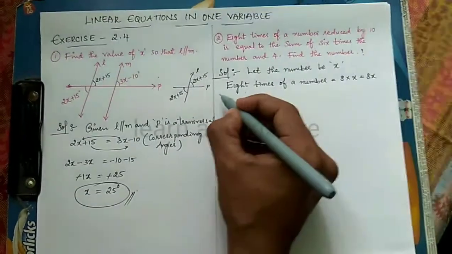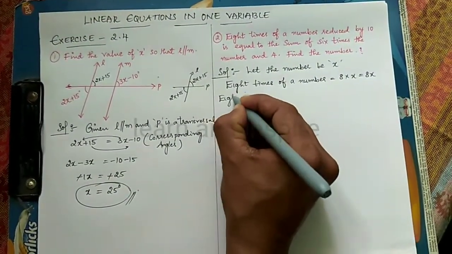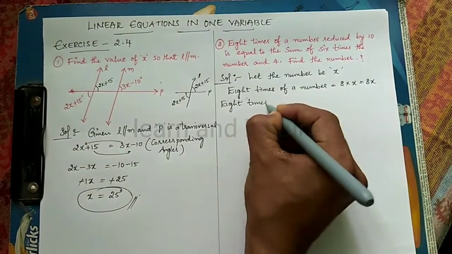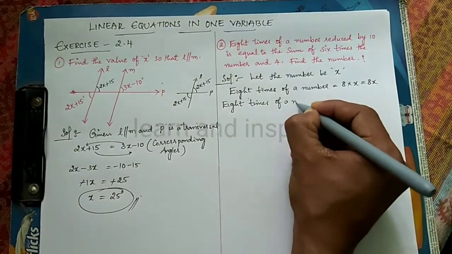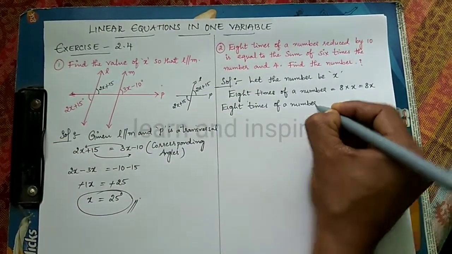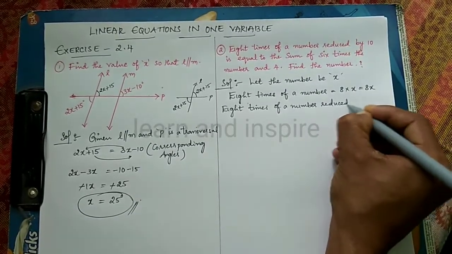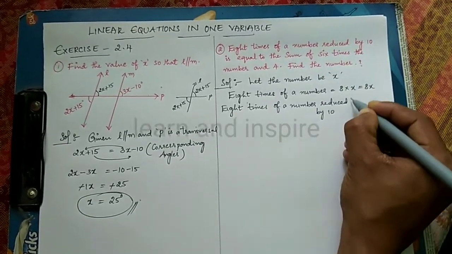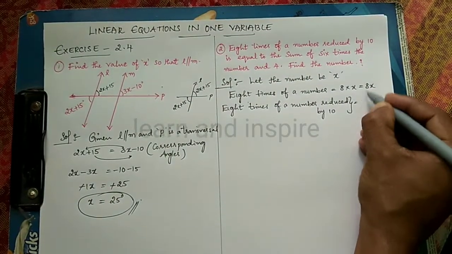Reduced by 10. So I write this statement: 8 times a number reduced by 10. 8 times a number is 8x, and reduced is nothing but subtracted, how much, by 10.